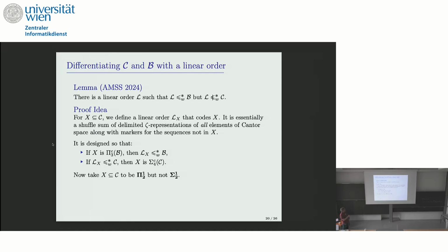If you take X to be pi 1, 2 but not sigma 1, 2, then L_X will be generic Muchnik reducible to Baire space, but not to Cantor space. I'm not going to get too deep into this, but if you know the linear order work, this is just a restatement of it.